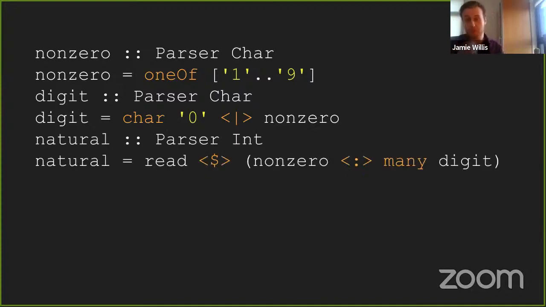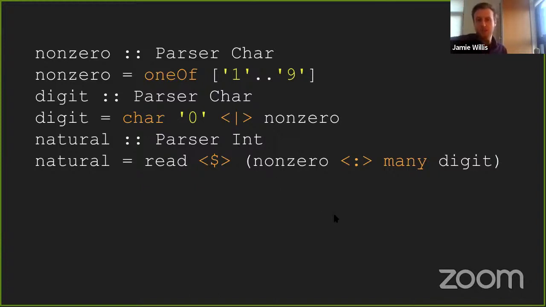Most of the time we don't just want to work with characters coming back. We actually want to do something with them. In this case, we have non-zero on the front of many digits, that's zero or more digits, and this forms a list of characters. Then we can apply the read function, of type list of character to int, over it and get ourselves an integer back.